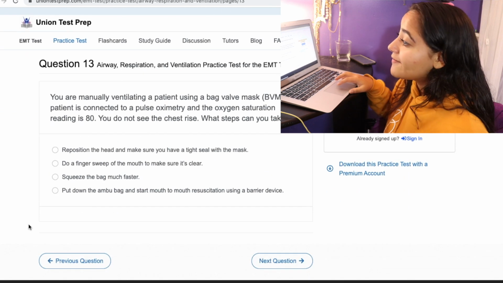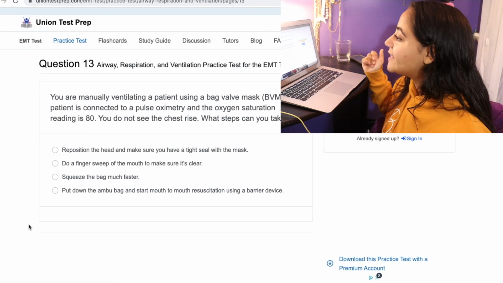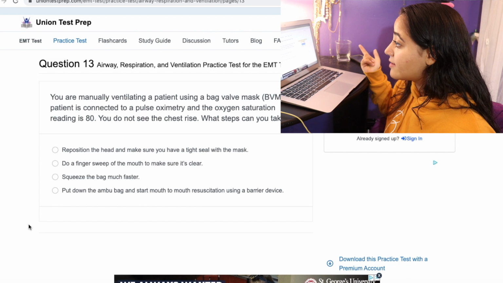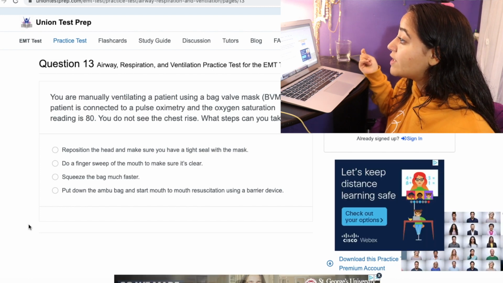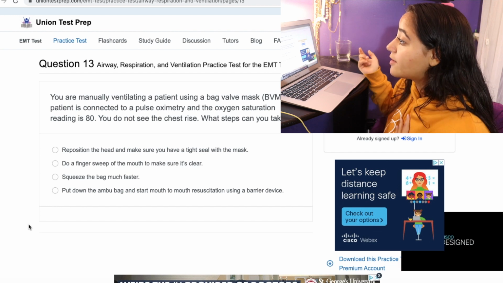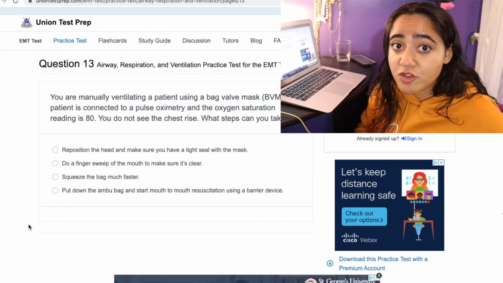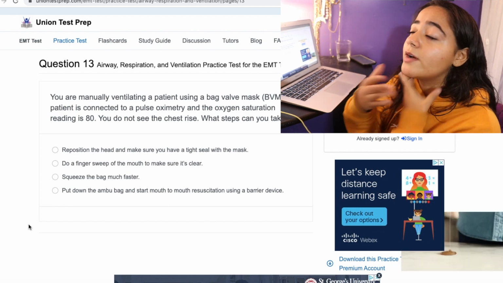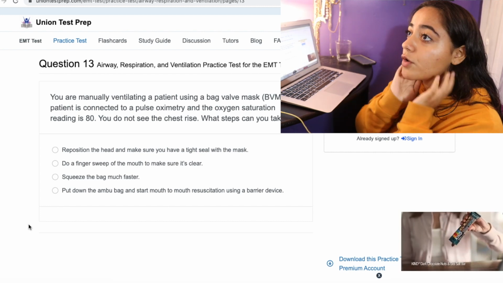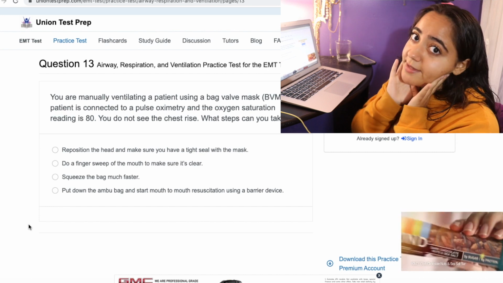You are manually ventilating a patient using a bag valve mask. The patient is connected to a pulse oximeter and the oxygen saturation reading is 80. You do not see chest rise. What steps can you take? If you don't see chest rise, it means the oxygen isn't going to the chest, which probably means you need to recheck the airway or do the jaw thrust or the head tilt chin lift, depending on the situation.